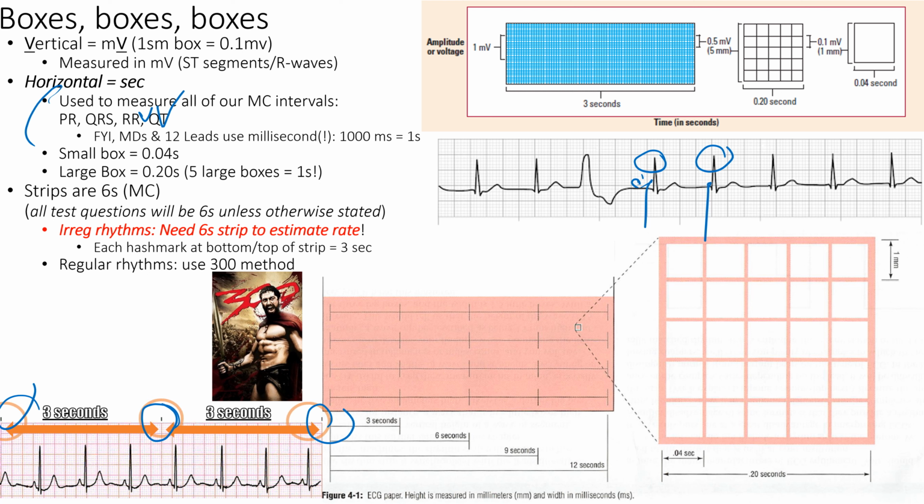Otherwise, you have to calculate the R to R interval, or you can use the 300 method. The 300 method is when you memorize the sequence of numbers. You can choose not to memorize it and do the dimensional analysis every time, but you're going to be hampering yourself. So there is a quick shortcut to this. We'll describe these 2 methods of calculating the heart rate.